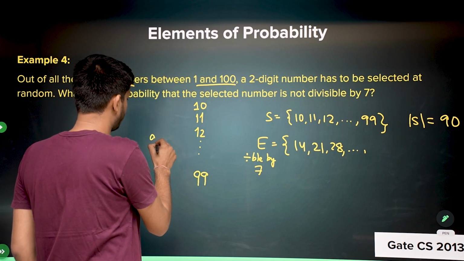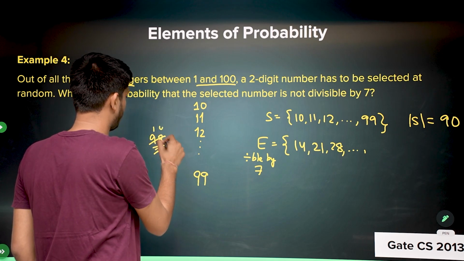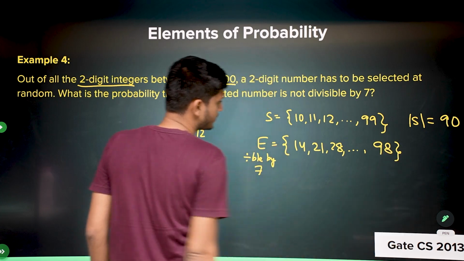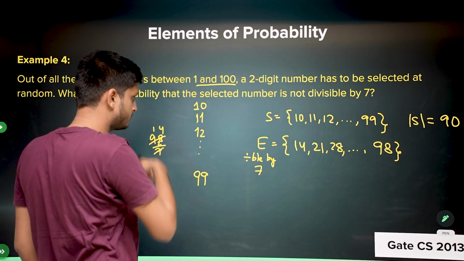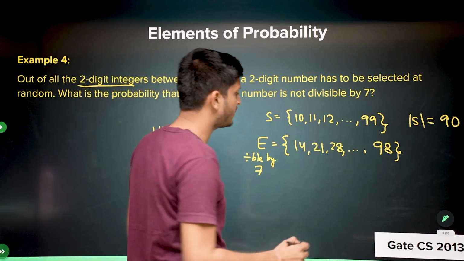Okay, so what will be the last number? 98 will be the last number. 98 is also divisible by 7, right? Okay. So what is the cardinality of this set? It's very easy to calculate.